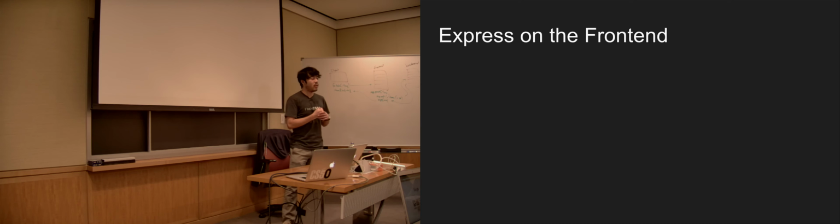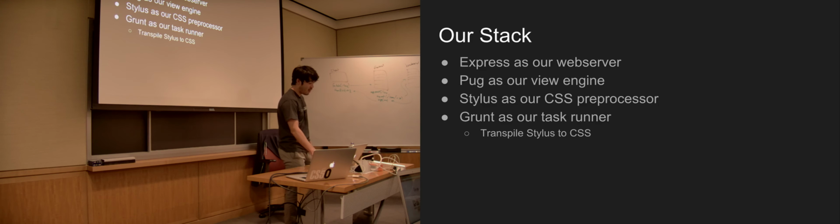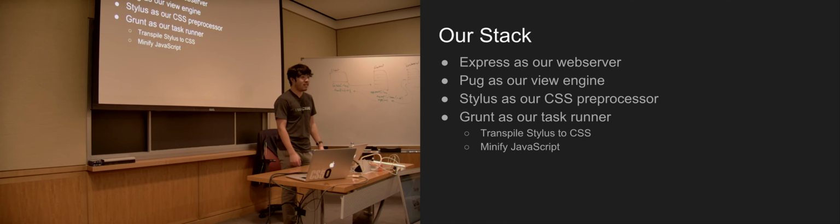Did we have a public folder on our back end? No, so how did we get that public folder to be public? Yeah, express.static. And so what stack did we use? All this stuff. So it wasn't quite MEAN stack, it was more like MEN stack.